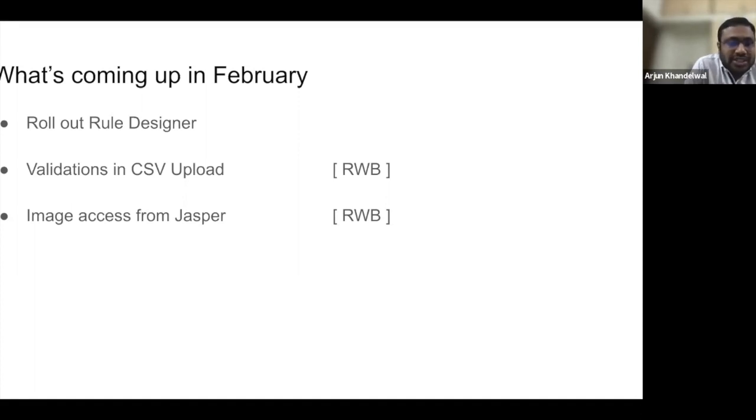Because the images are stored on S3, they wanted to be able to access those as hyperlinks from the Jasper reports. So we are building a feature to make that possible. These are some of the major things we would be working on in February, apart from bug fixes and any other small enhancements that we may come across.